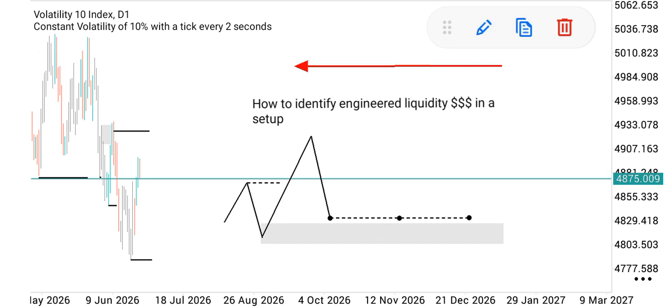So I'll just wait for the market to do its thing, for the market to mitigate my engineered liquidity. And sometimes the market will do something like this to push upward. You'll be like, I've missed this trade. Then you now come and see something like this. The market clears the engineered liquidity, then it pushes upward again.